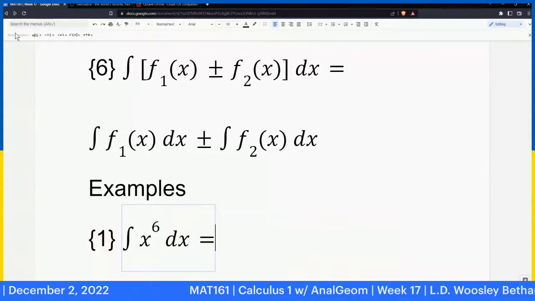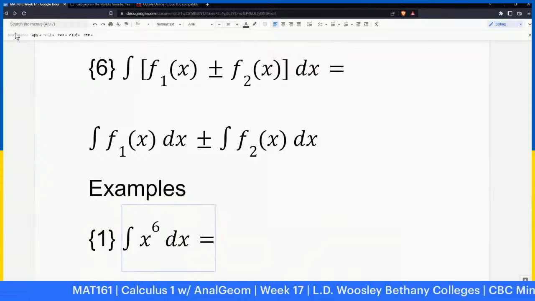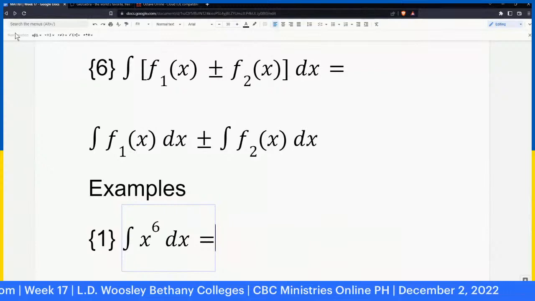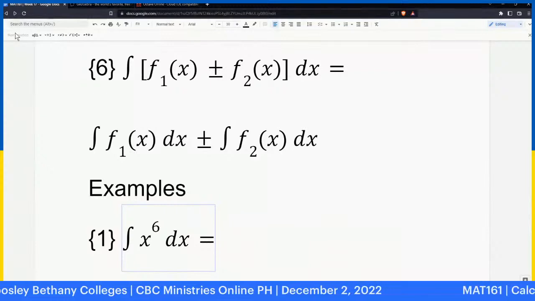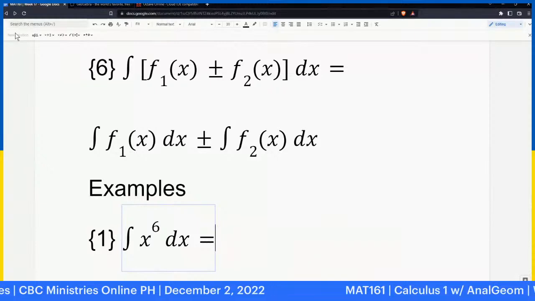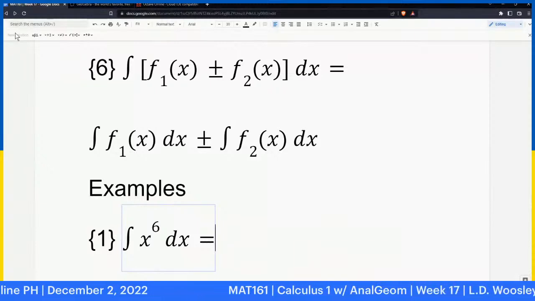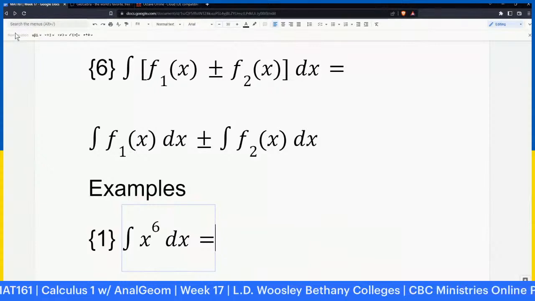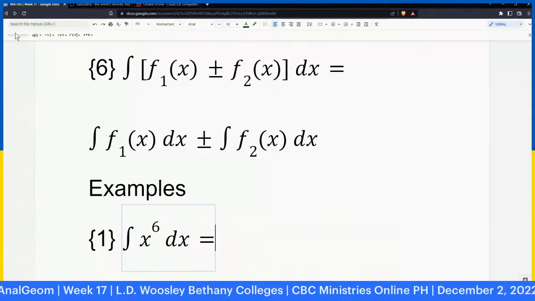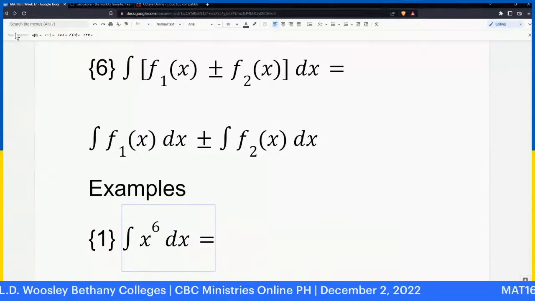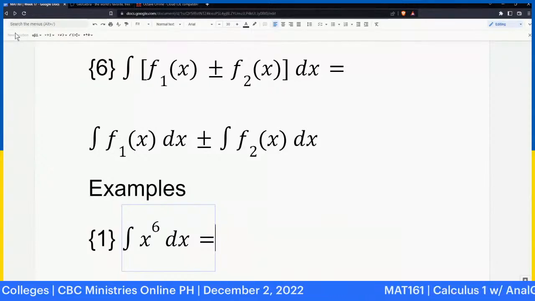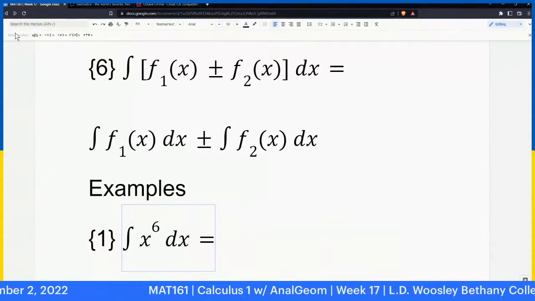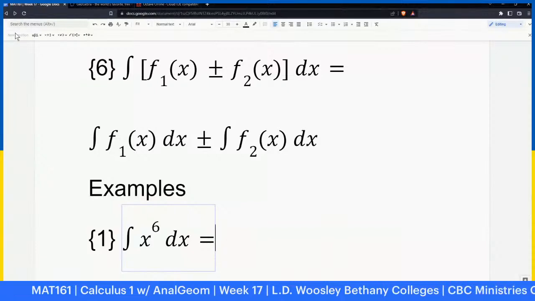Nora, can you answer this? Integral of x raised to 6. Nora, yes, go ahead. What's your answer? 6x plus c.